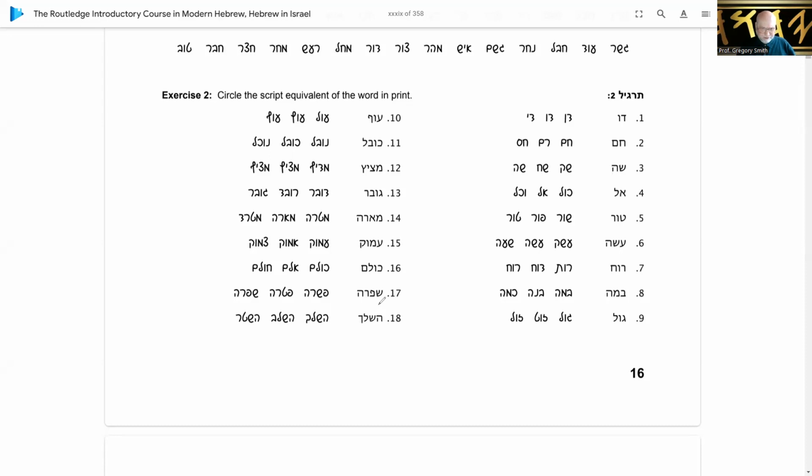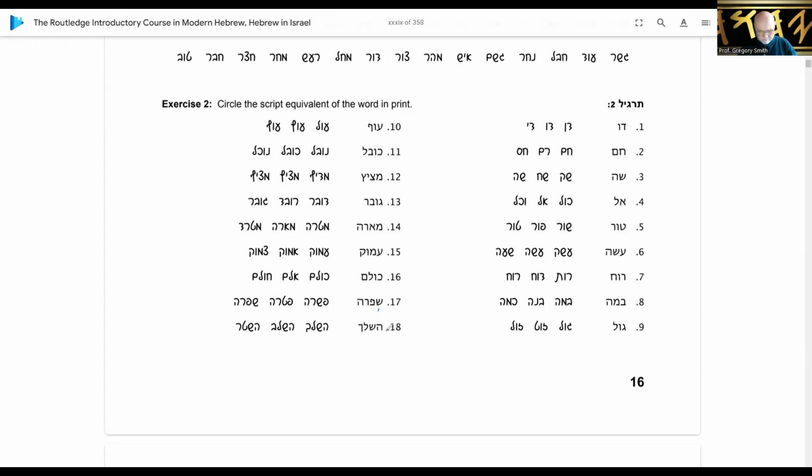Okay, we're gonna have to actually type it in. Okay, it means improved. Shifra. So it's like there's a hierarchy under here. Shifra means improved.